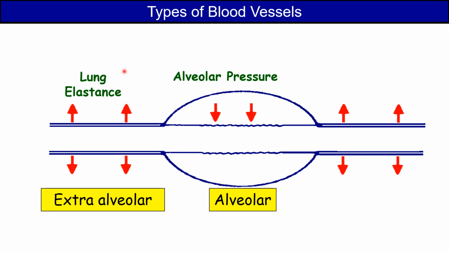Both lung elastance and alveolar pressure are, in turn, dependent on lung volume. And how lung volume affects lung elastance and alveolar pressure are opposite each other. That's why the relationship of pulmonary vascular resistance to lung volume is quite complicated.